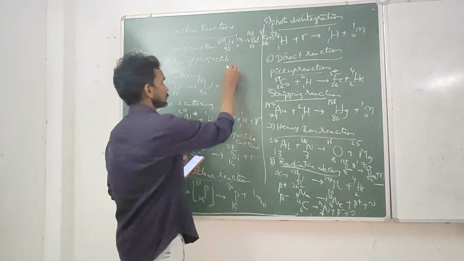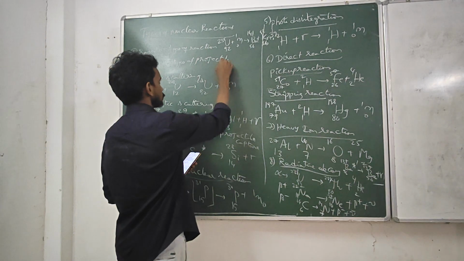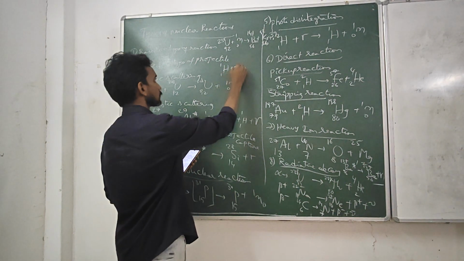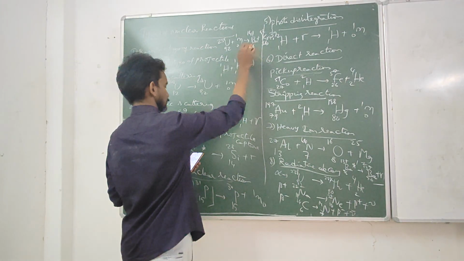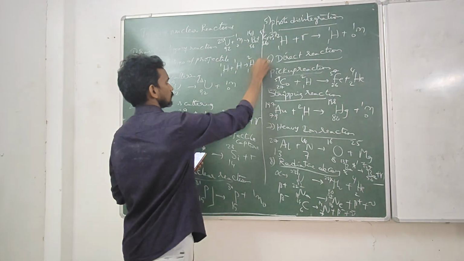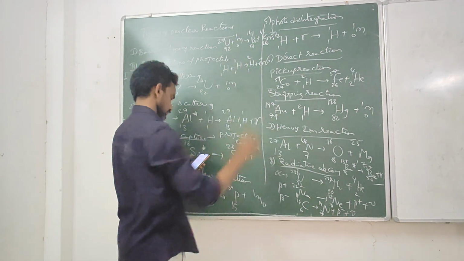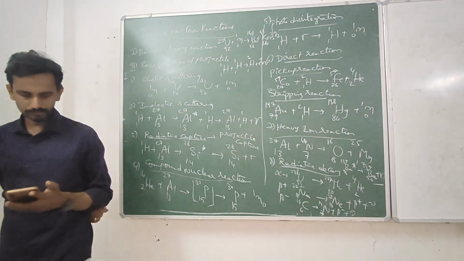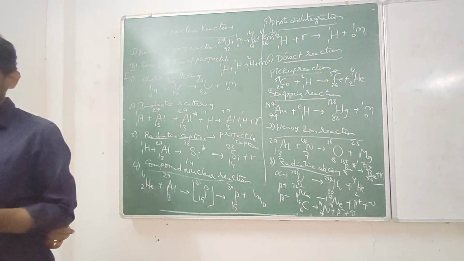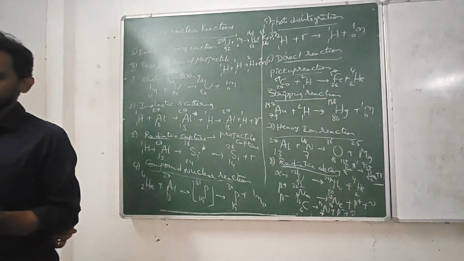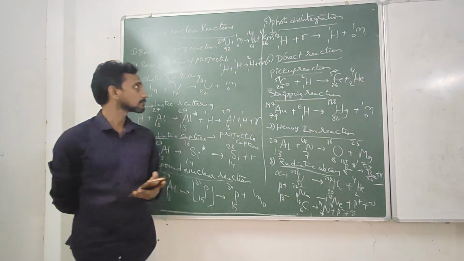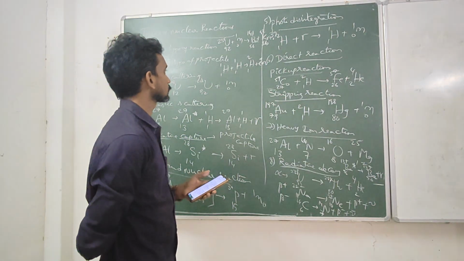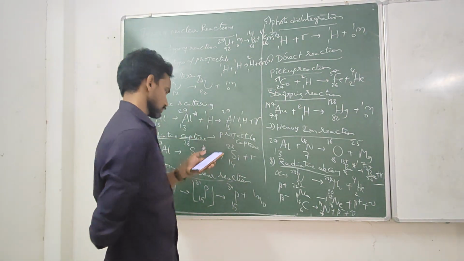And fusion reaction, so H-1 1 plus H-1 1 gives you H-2 1 plus positron plus neutrino. So what happens is one proton is converting into a neutron. So on both sides you will have positive charges.